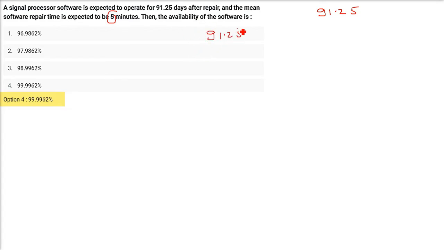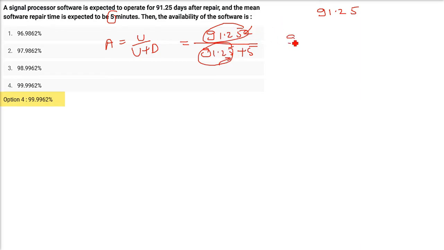Both the things are given to us. Availability is uptime by uptime plus downtime, or you can say MTBF divided by MTBF plus MTTR. So 91.25 is uptime, and you divide by uptime plus 5. But there is a catch here, because you have to convert these days into minutes, or you can convert 5 minutes into days. So you need to convert it.